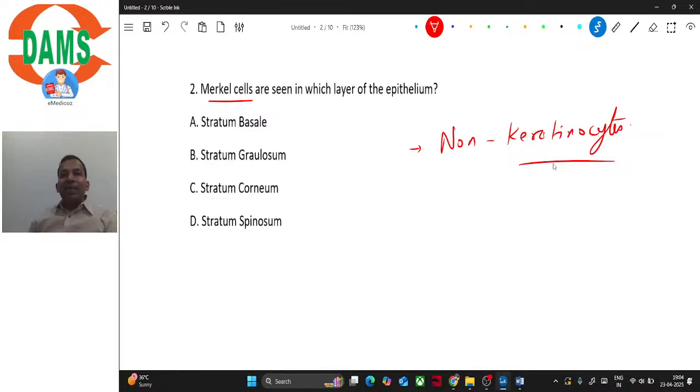Melanocytes and Merkel cells are seen in the basal layer, that is stratum basale. Whereas Langerhans cells and lymphocytes are suprabasal, or you can say they have variable presence, at least lymphocytes. So here the correct answer would be stratum basale.